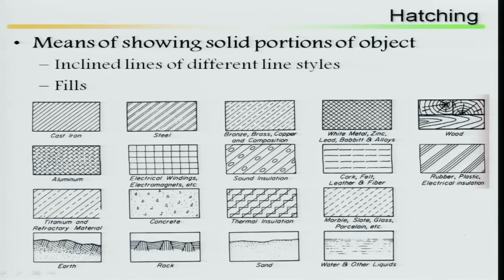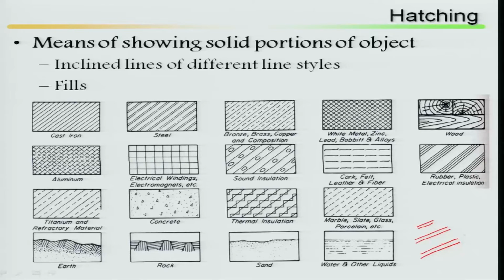If you look at here, cast iron, how the hatching has been done, and steel, particularly steel: two parallel lines, then there is a gap, again two parallel lines, parallel to the earlier two parallel lines. So, once you do the hatching, somebody can recognize this material is made of steel.